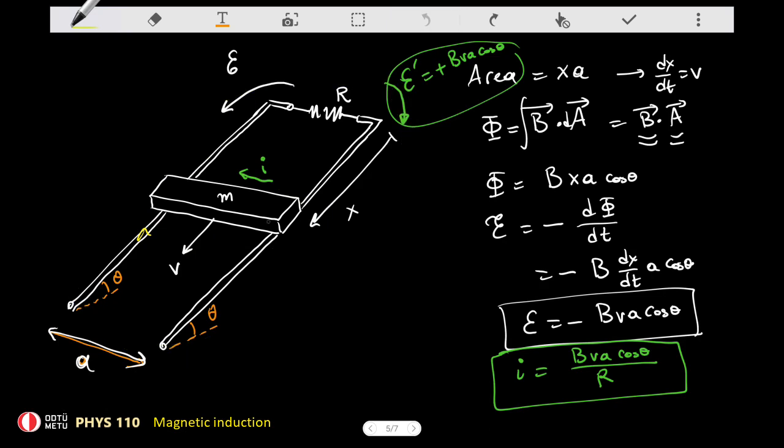Or you may just consider the bar only. If you are considering the bar only, the magnetic force, of course, does work on the bar. But since the bar is not accelerating, you can actually compute that force.